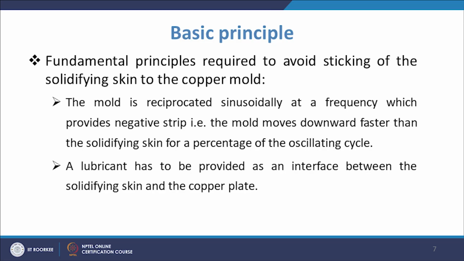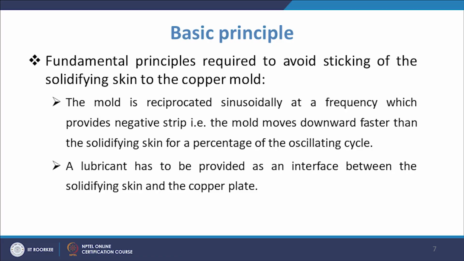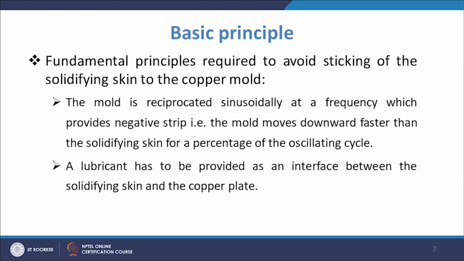One is that the mold is reciprocated sinusoidally at a frequency which provides negative strip. Basically, the mold will move downward faster than the solidifying skin for a percentage of the oscillating cycle, so you have a negative strip. That helps avoid the sticking of the solidifying skin to the copper mold.